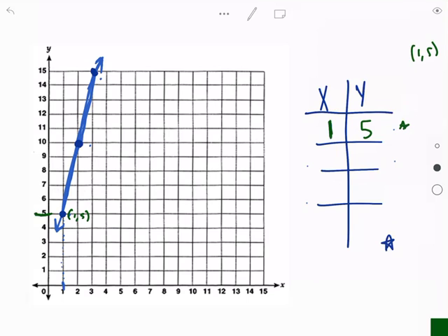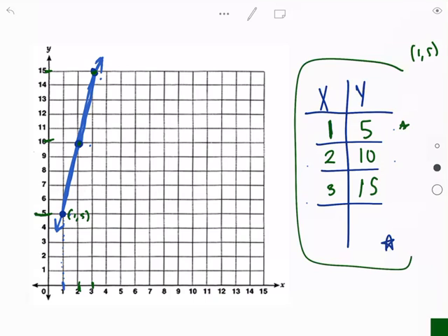Then you're going to look at the next point, which is here. So when x is 2, y is 10. And you just fill in the table like that. For the last one, when x is 3, y is 15. And then that would be your answer. So this table being filled in is the answer for this question.